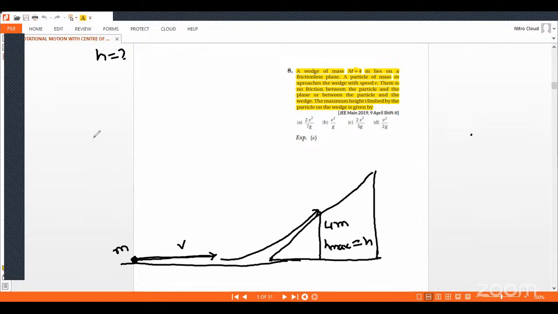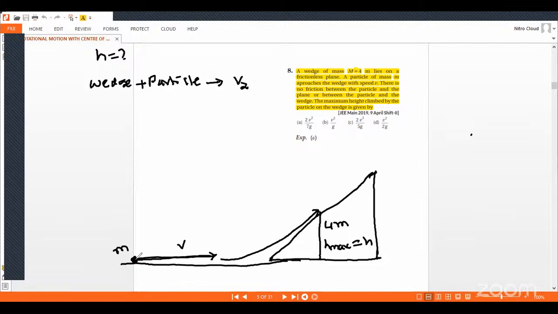Now see here, as this particle of mass m collides with the wedge, both wedge and particle will move with a speed. Let us consider that as the particle collides with the wedge, wedge and particle move with a velocity, let us consider it as v2.